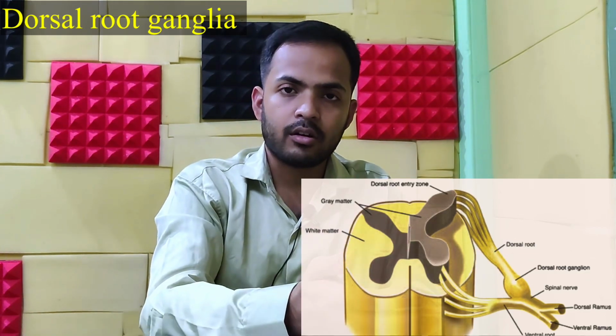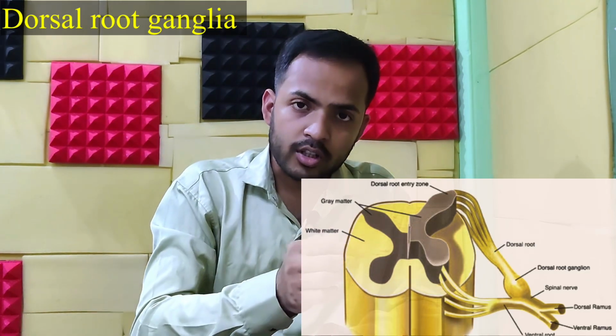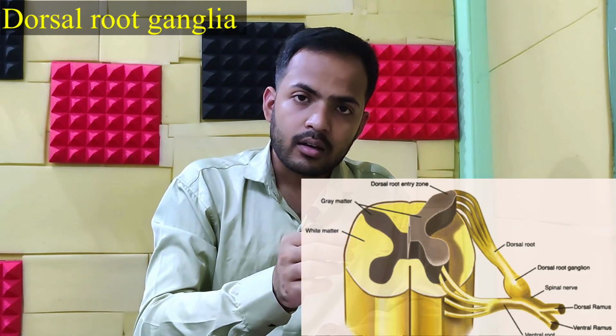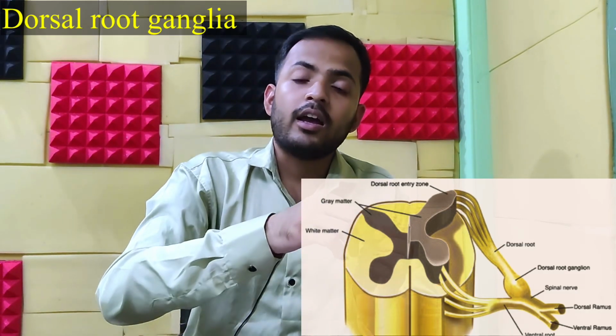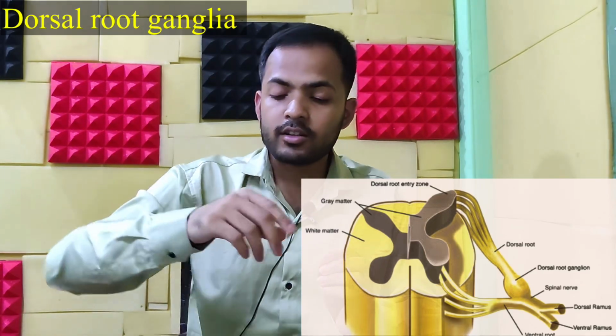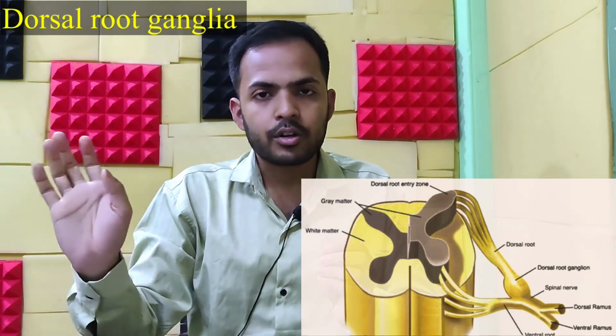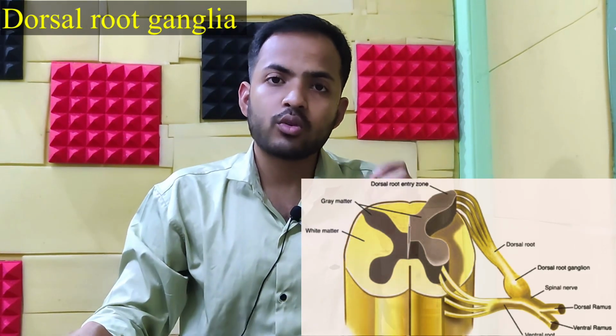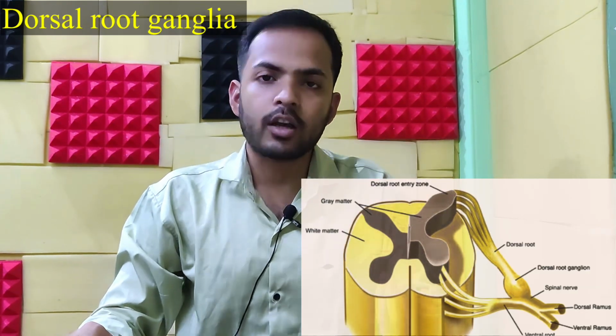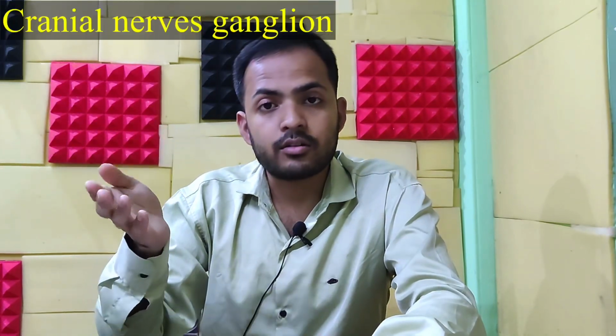Ventral means anterior, dorsal means posterior. At a very short distance there is one ganglion, and from this ganglion a long nerve arises and goes to the predestined organ. It is also known as posterior root ganglion, spinal root ganglion, or spinal ganglion.